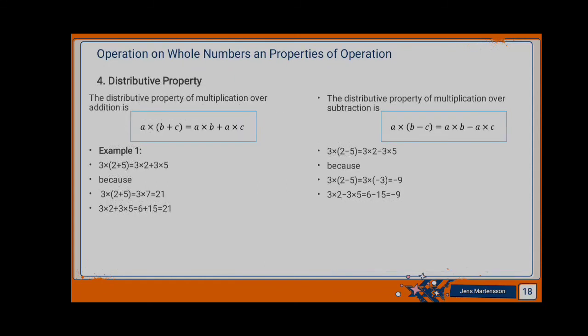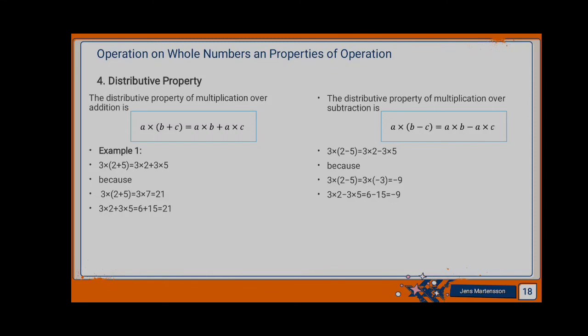And fourth, distributive property. The distributive property of multiplication over addition is a times (b plus c) is a times b plus a times c.